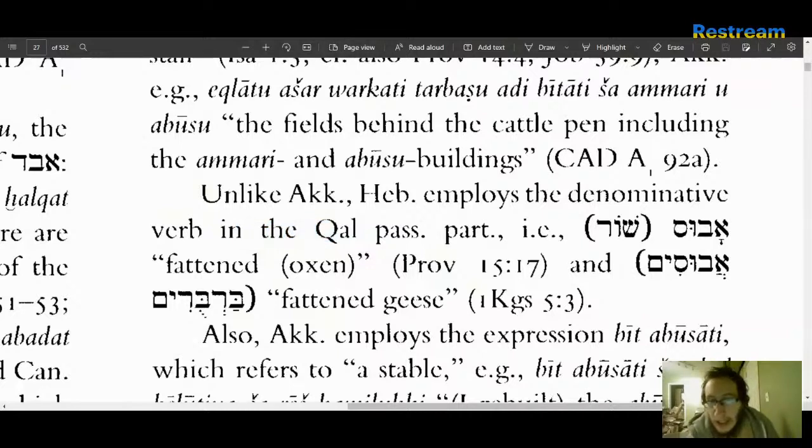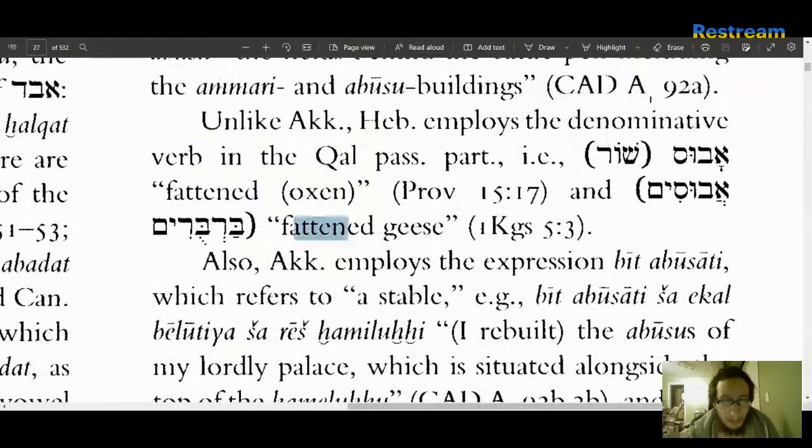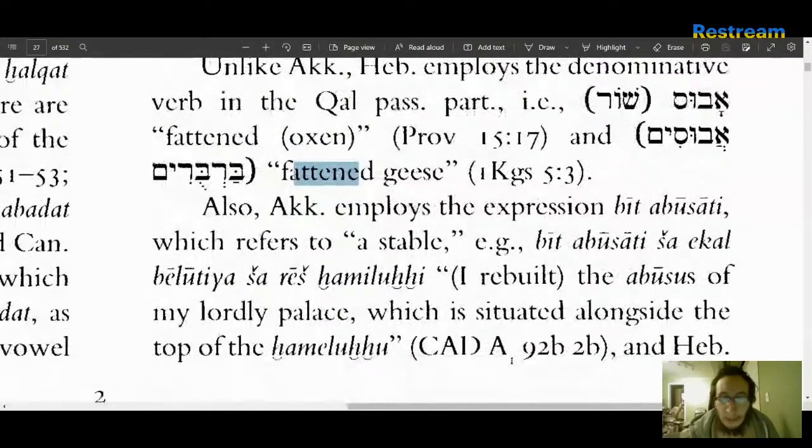So Akkadian, as we know it, does not say fattened animal. It'll say a building like a trough or a manger, or storehouse, but it doesn't say it as a fattened animal. Akkadian employs the expression house of Abus or Abusati.